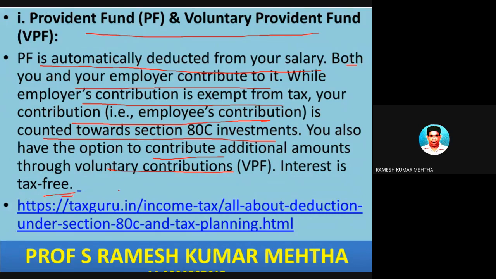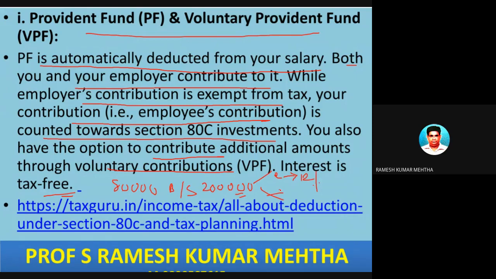For example, the salary per month of the assessee is 80,000 rupees, and the basic salary is 20,000 rupees. Here, the employer and employee can contribute to the employee's provident fund, and the maximum amount can be 12% of basic salary plus DA.